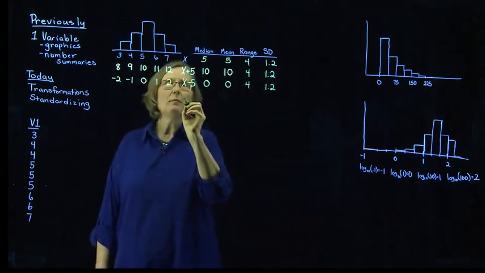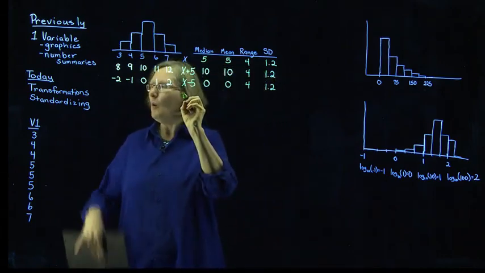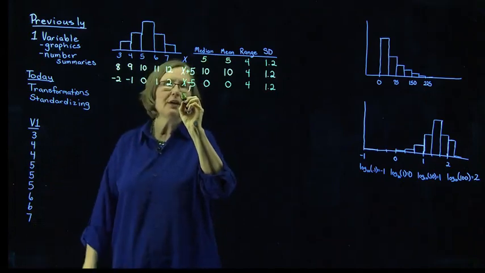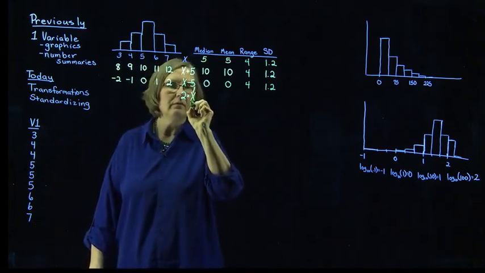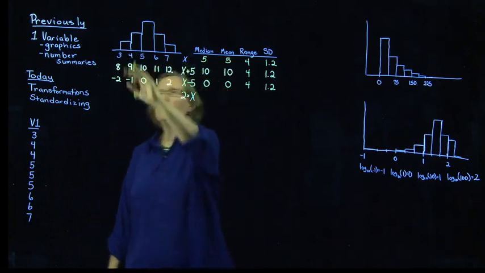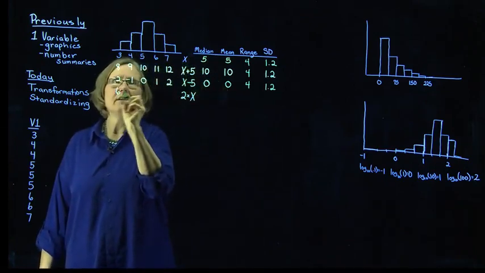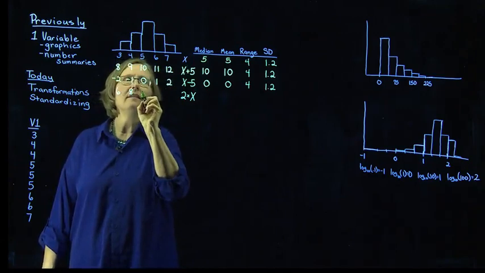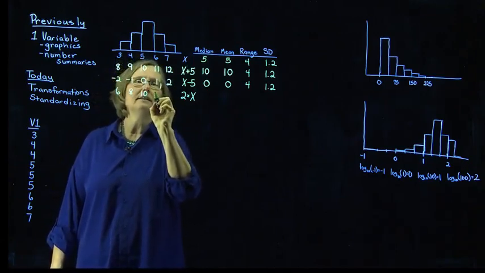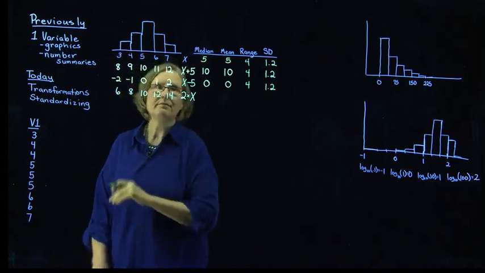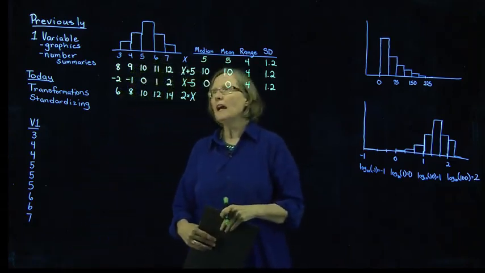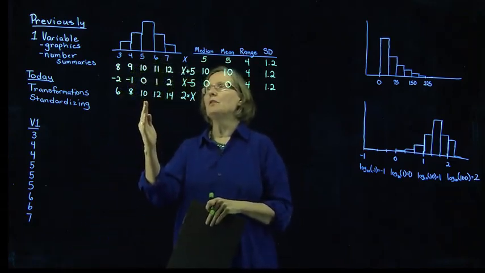Next, what if we multiply by a constant? What if I multiplied each observation in my data by 2? Now the 3 will become a 6, 4 will become an 8, 5 becomes a 10, 6 becomes a 12, and 7 becomes a 14. Okay. What's happened to the center of my distribution?